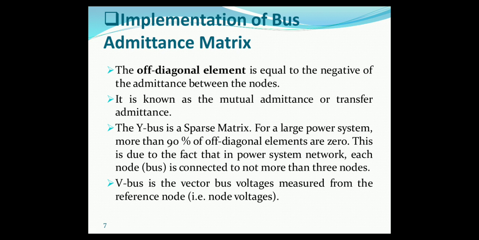The value of these elements can be calculated as the negative of the admittance between the different nodes. And V bus is a vector of bus voltages measured from the reference node or ground node, as we have discussed earlier.